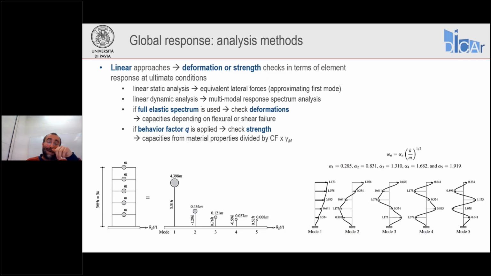And depending on whether we are using the full elastic spectrum or we are applying the behavior factor Q, we may have to check deformations of the elements or strength of the elements.